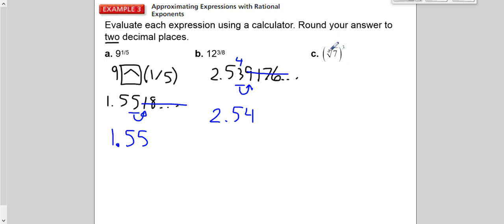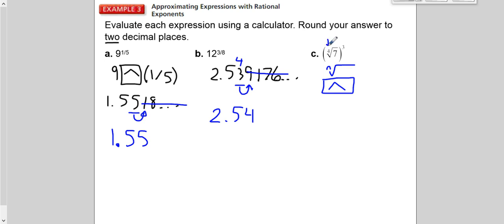All right, now we have to find the nth root button. Chances are, on the button that has the caret, right above it, it has an nth root, and mine is in blue. So I have to hit my blue button, the second function, and then this button to get to the nth root. Once you hit that, then you can type in the index and the number inside.